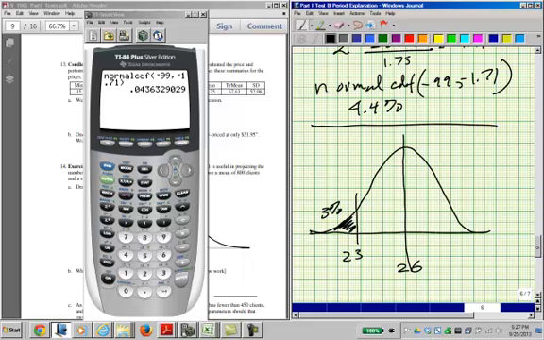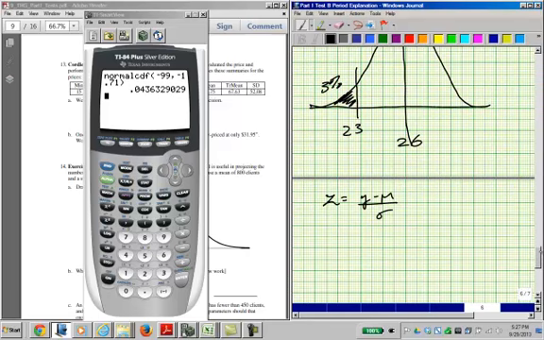The smaller the standard deviation, the bigger the percentage in the tail. So we know what we're going to find the z-score for 3%. We know what y is and we know what mu is because 23 and 26 aren't changing. So we're going to solve this equation for sigma. So sigma is equal to y minus mu over z.